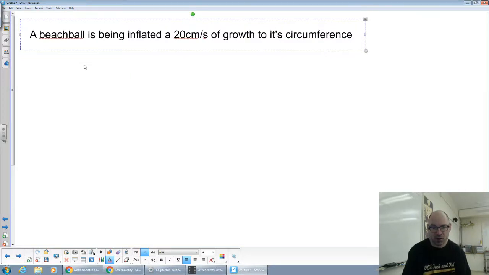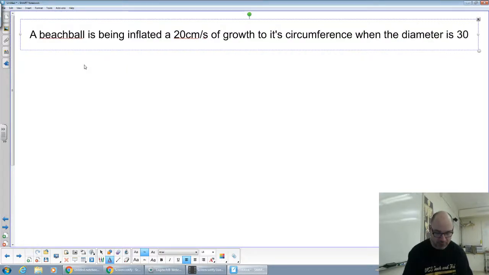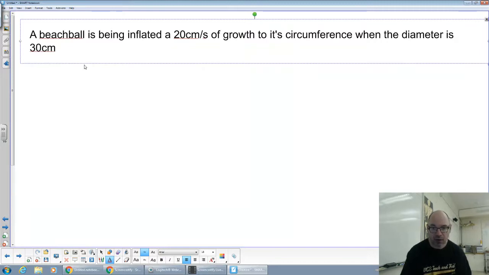Okay. When the diameter, so I'm careful here, I'm giving you diameter, not radius. When the diameter is 30 centimeters, how is the volume of the beach ball changing with time?